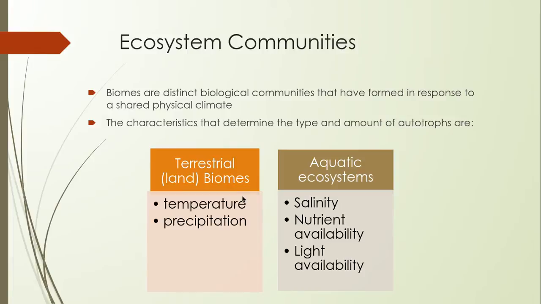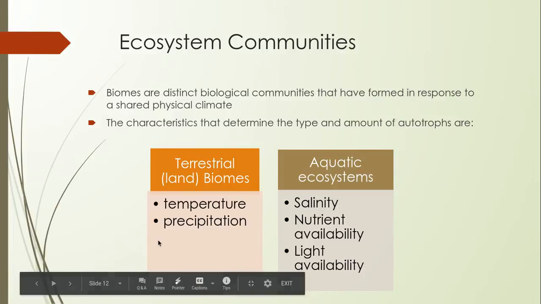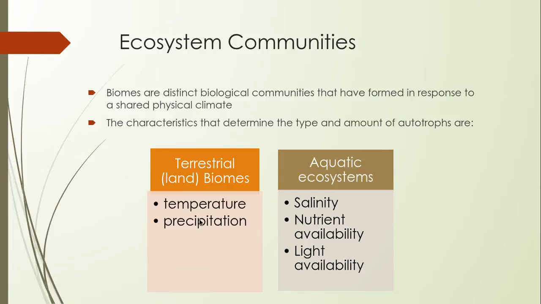And the desert has a characteristic temperature and precipitation, which is going to dictate what type of organisms we find there. The rainforest, another example of a terrestrial biome, is going to have slightly different temperature and precipitation, which is going to lead to different living things that you will find there.